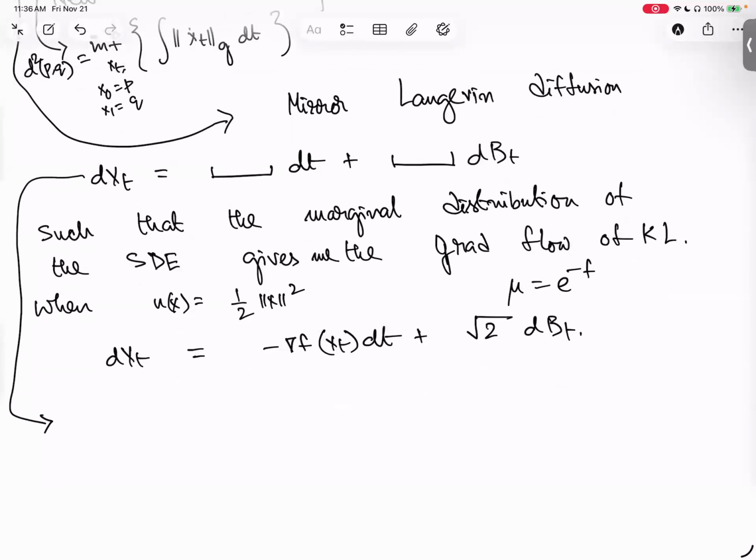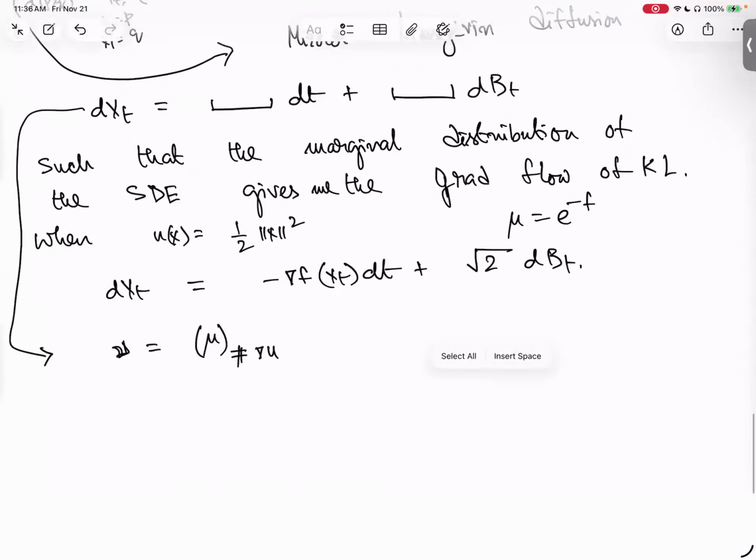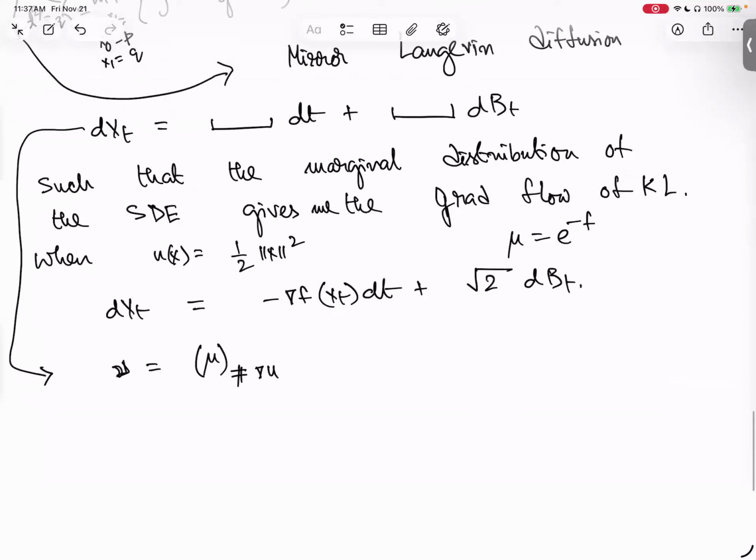Call nu the push forward of mu by the map which is the gradient of the convex function. I can think of the gradient of my convex function as a Brenier map transporting mu to nu.